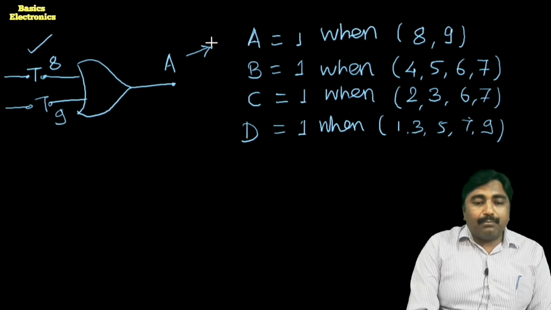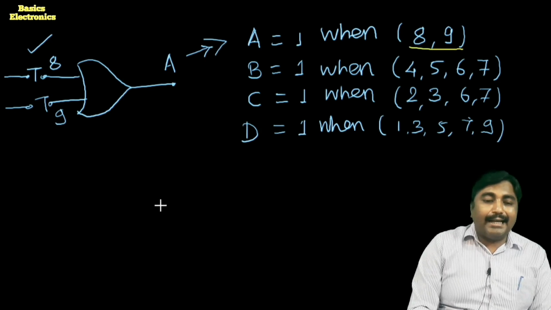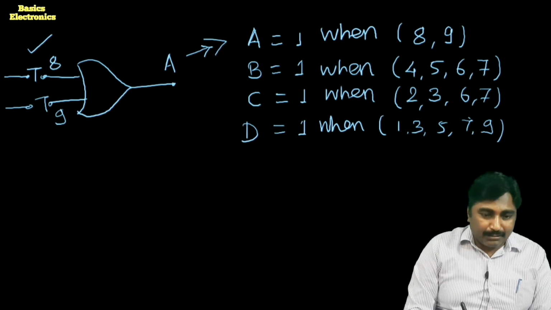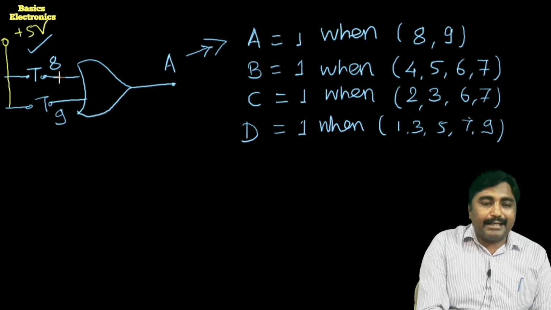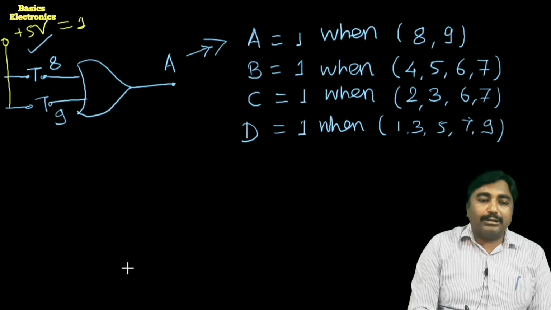It means the output A is equal to 1 when the 8 number or the 9 number is pressed. Okay, so if 8 is pressed, it gets connected to the plus VCC, meaning it gets connected to the 5 volt, which is equal to logic 1.